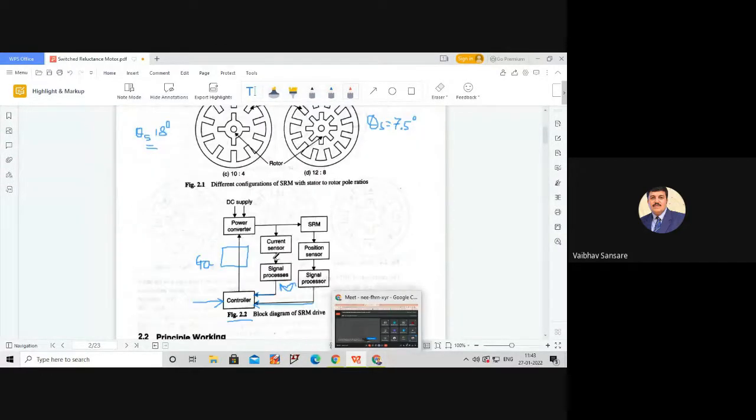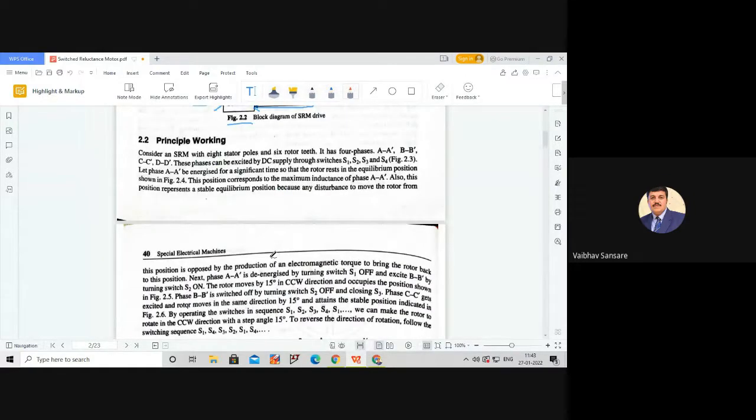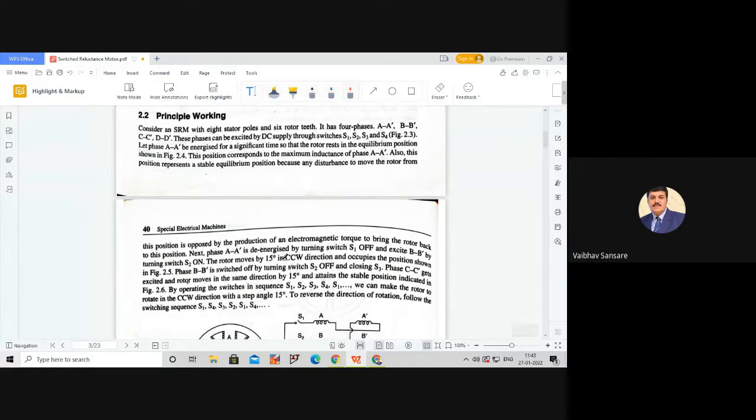Now let us come back to the working of this switched reluctance motor. How will this switched reluctance motor work? The working of a switched reluctance motor is similar to the variable reluctance stepper motor under closed loop condition. If we recall the working of a variable reluctance stepper motor in closed loop condition, we provide the excitation pulse to a particular stator phase only after the completion of the previous pulse.